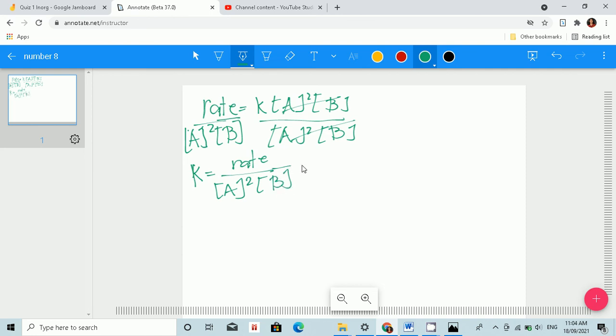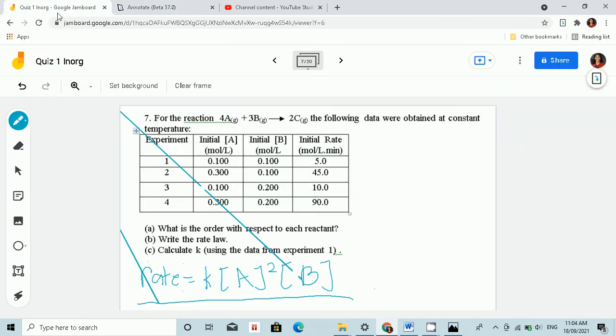So now let's plug in the values. We will use this formula: K is equal to rate over A squared times concentration B. Now let's get K in experiment 1. Let's use the data here.